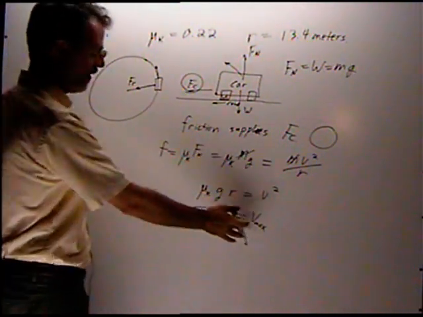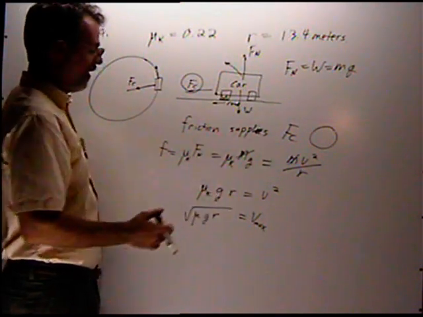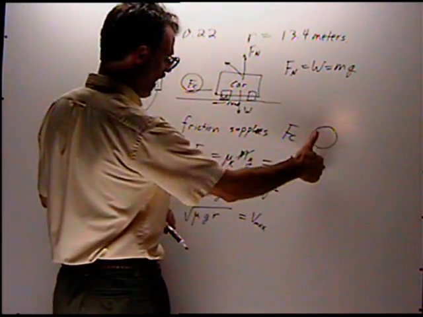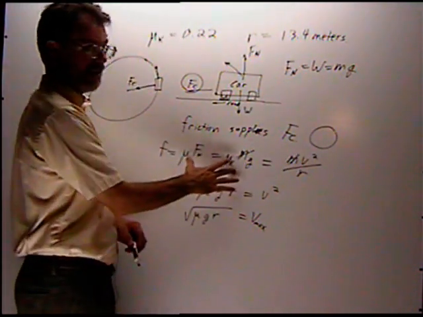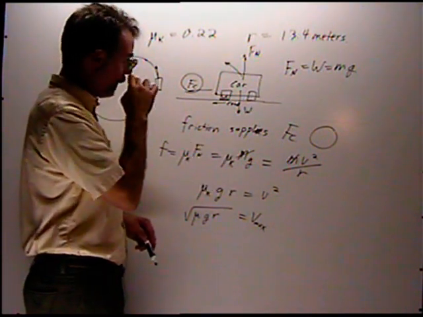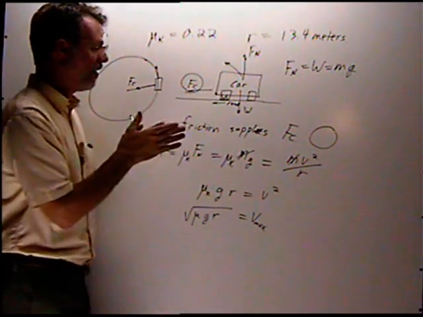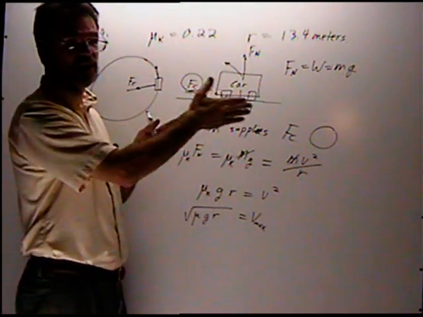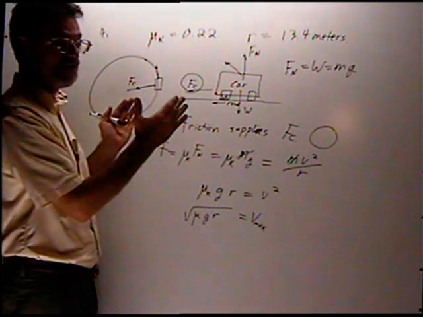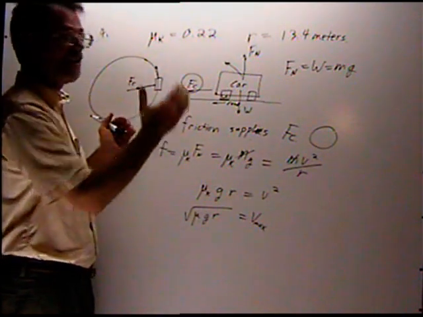If the car went faster than this, then this term goes higher than the friction can supply, and so what happens? The car essentially is thrown out of the circle. It can't withstand that centripetal acceleration, so it leaves the circle.